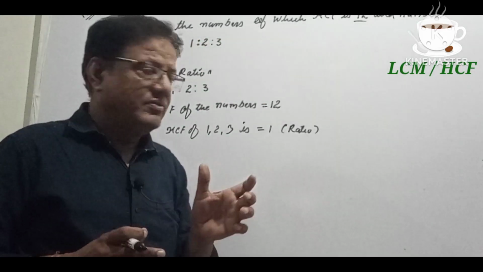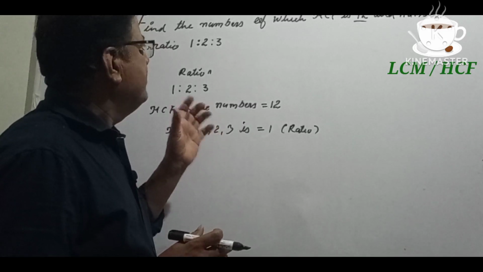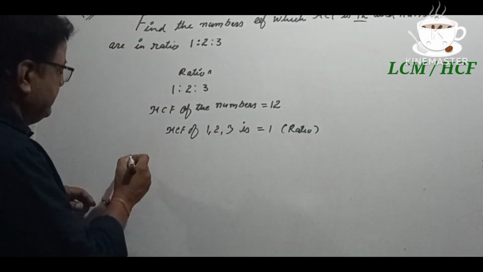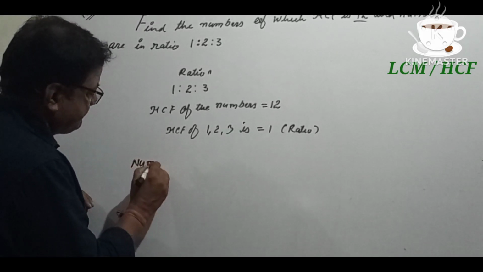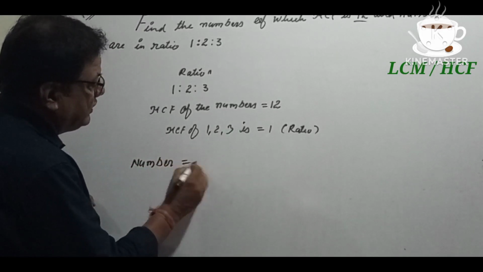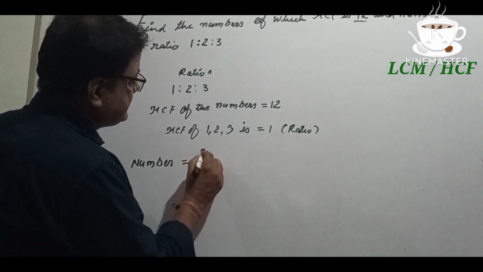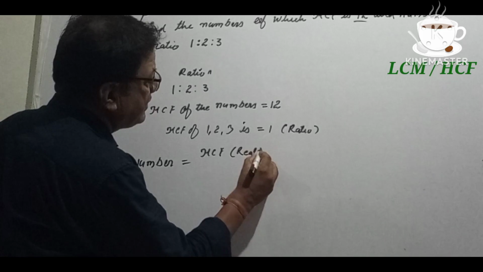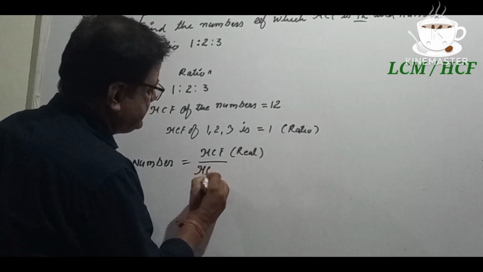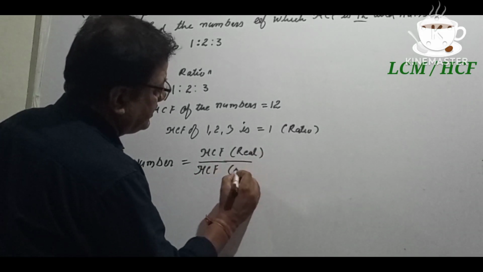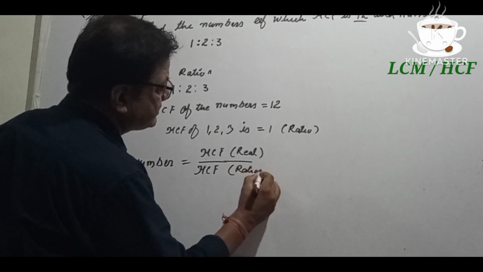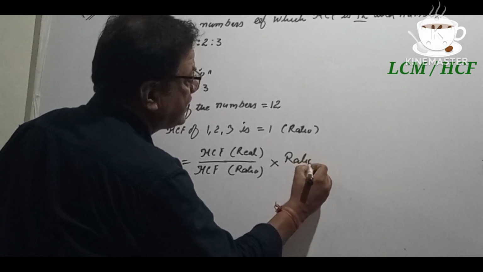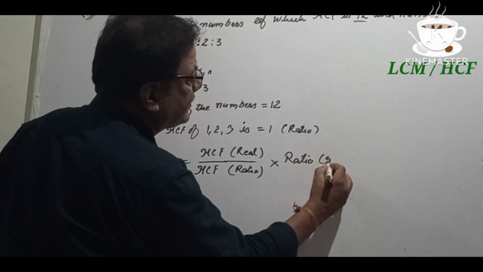In real numbers, number equals HCF real upon HCF ratio, multiply the ratio given.